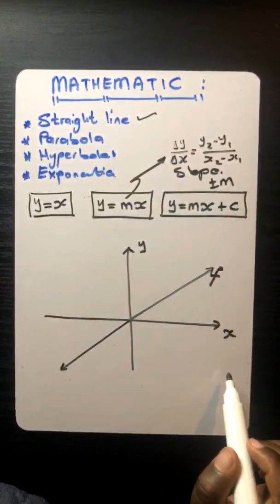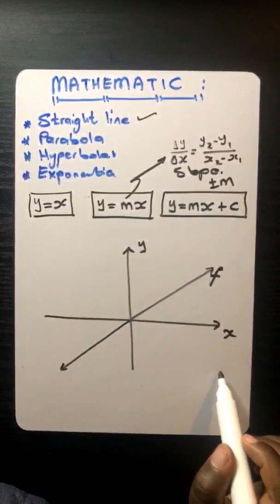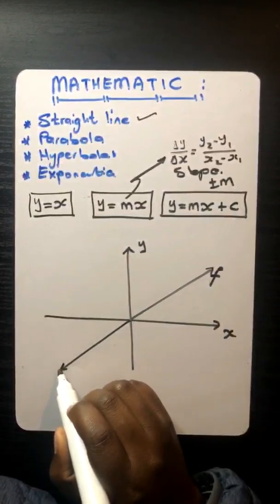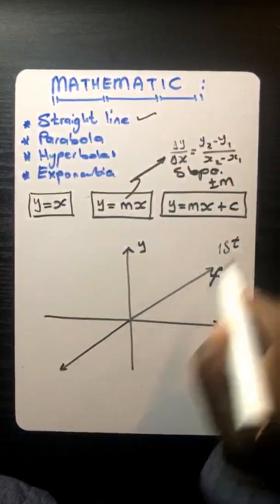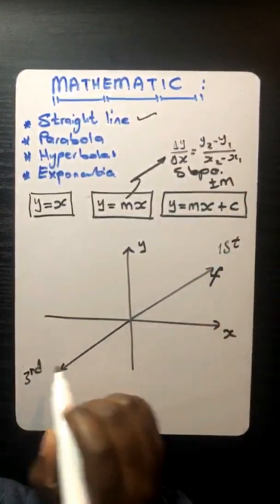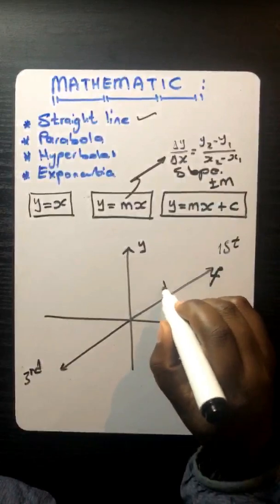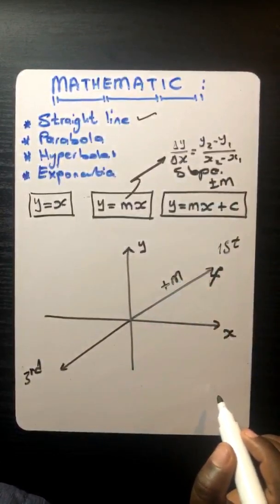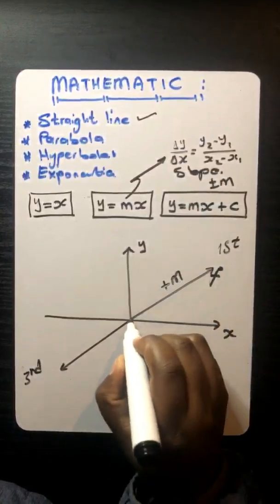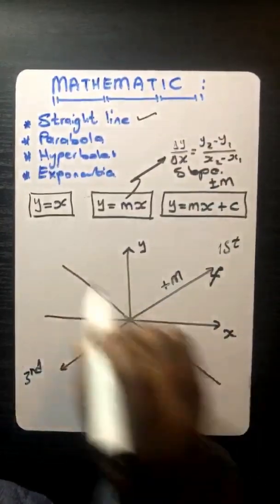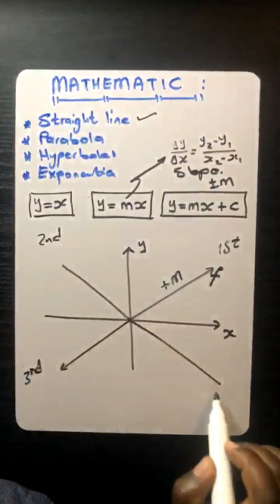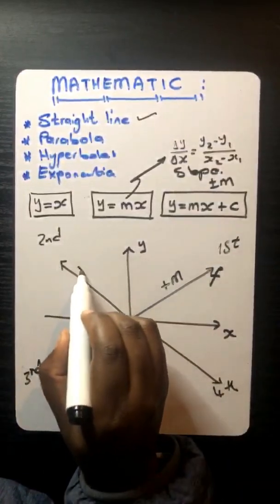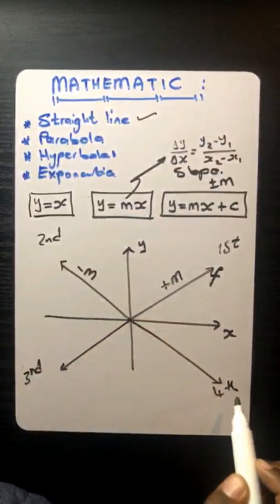Here comes the question: what is the impact of the slope on a straight line? For a straight line in the first and third quadrant, the slope is always positive. That means you'll always have a positive gradient. But for a line in that direction, in the second and fourth quadrant, you will always have a negative gradient.